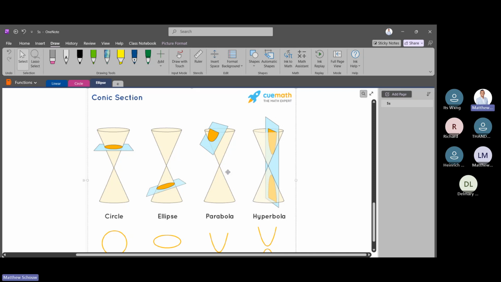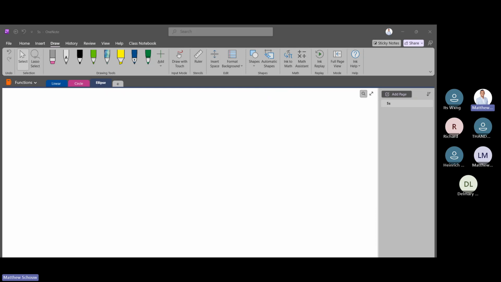There are many things where this comes into play. Oh yeah, let me show you this one. Spend too much time on Pinterest. I'm not sure how true this is, but the shape is called a hyperbolic paraboloid.